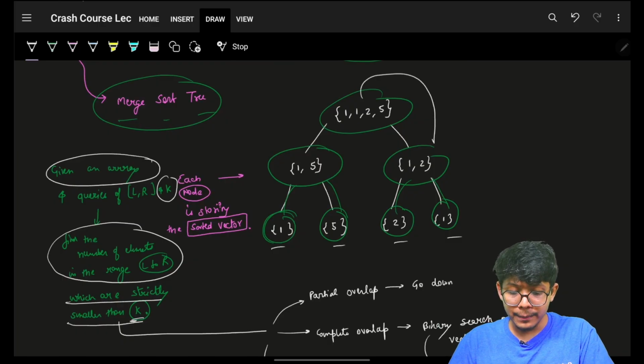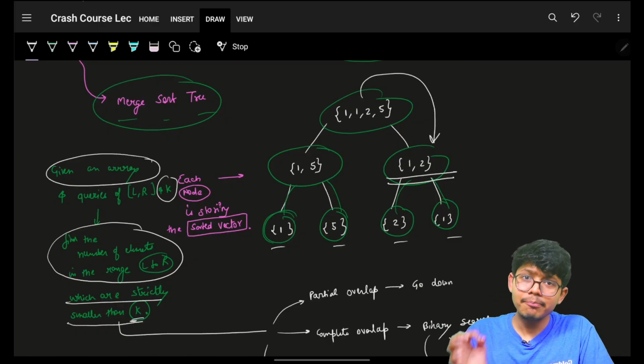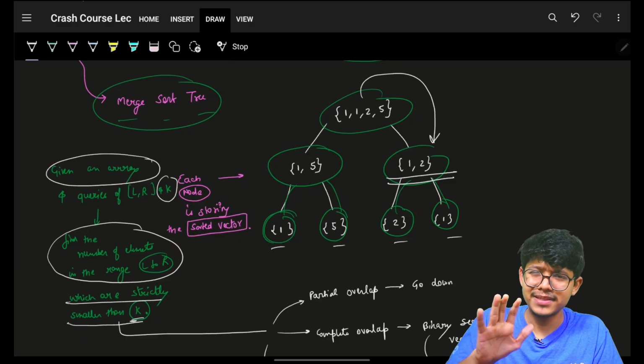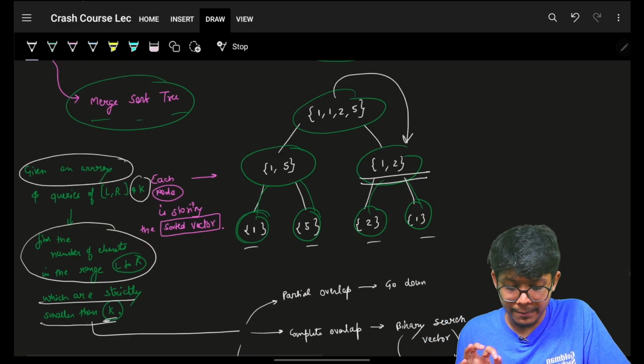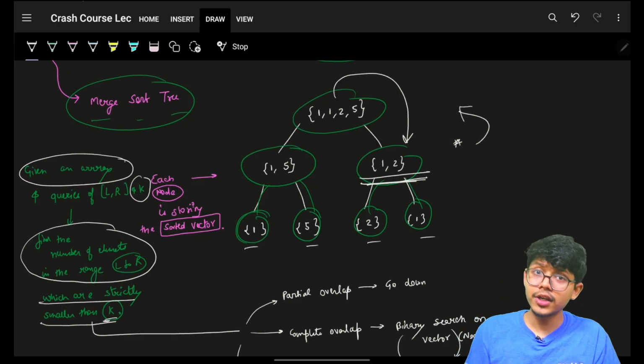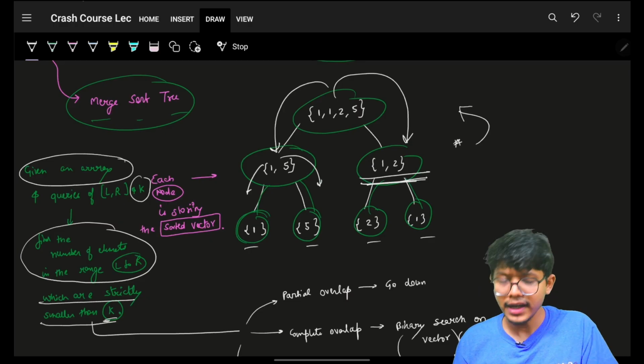If it's a complete overlap, apply a simple binary search on this input vector. Binary search by simply using upper bound and lower bound. Apply binary search, get the number and simply return that number. If it's a partial overlap, simply go left and right.